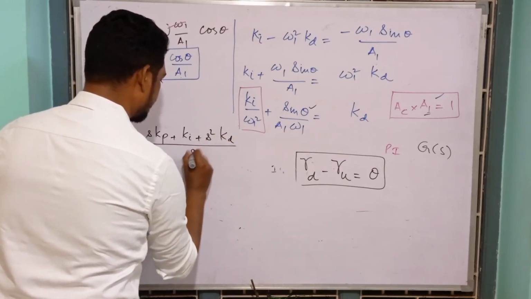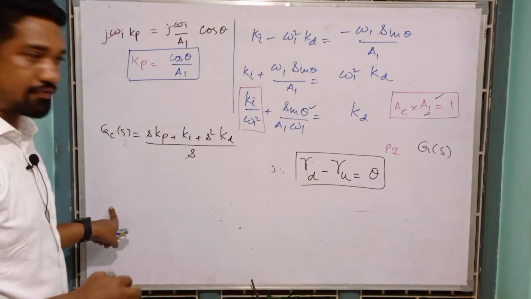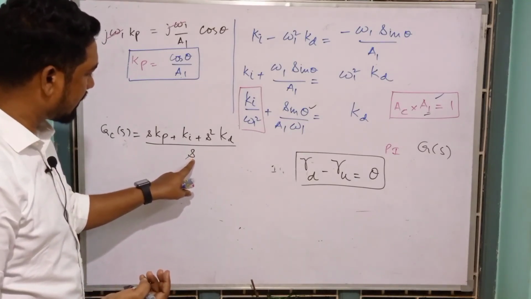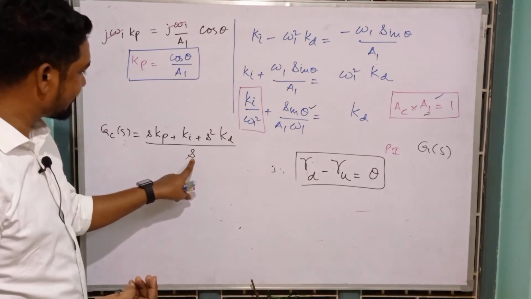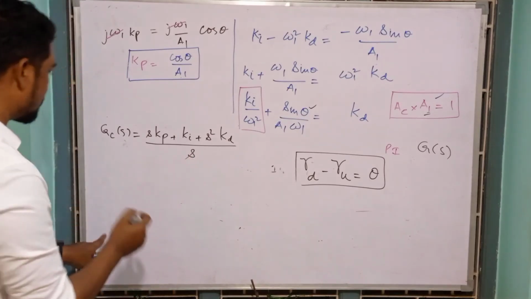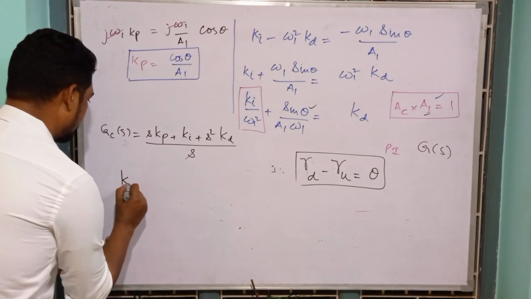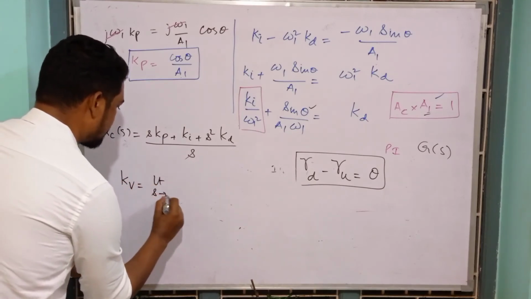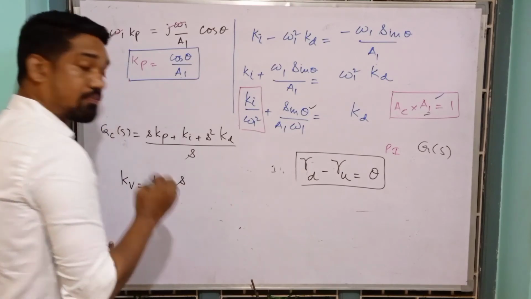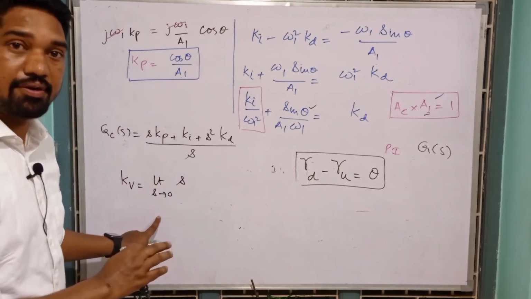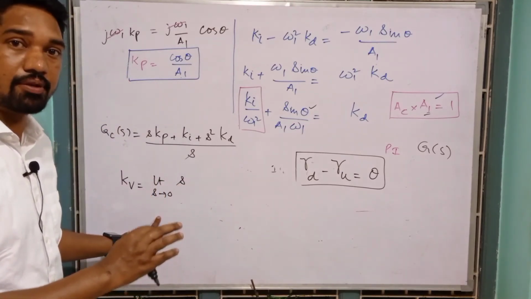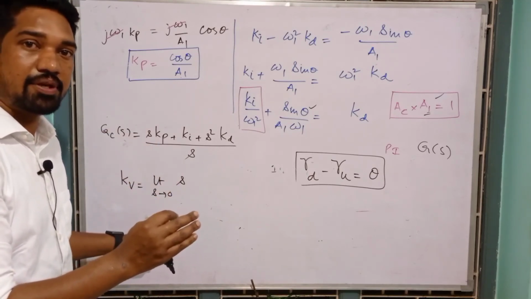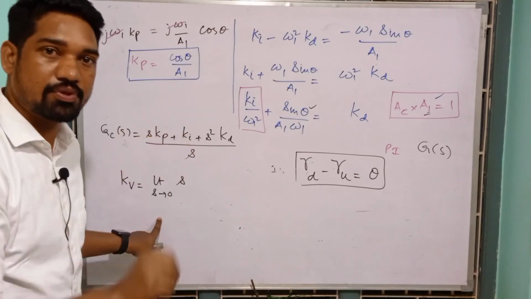If it's a type 1 system, this gets cancelled. Why? Because for a ramp input, Kv equals limit S tends to 0 of S into Gc of S into G of S. The design should be in such a way that the steady state error requirement is met after the compensation is provided.